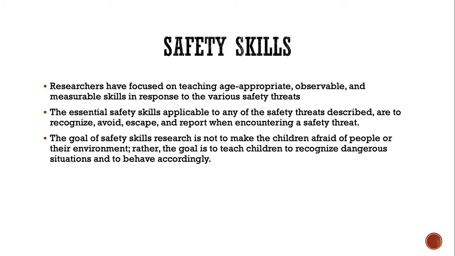I want to make this important note that the goal of safety skills research is not to make the children afraid of people or their environment. Rather, the goal is to teach children to recognize dangerous situations and to behave accordingly. Research has shown that children do not experience any type of fear or any negative side effects when participating in research on teaching safety skills.